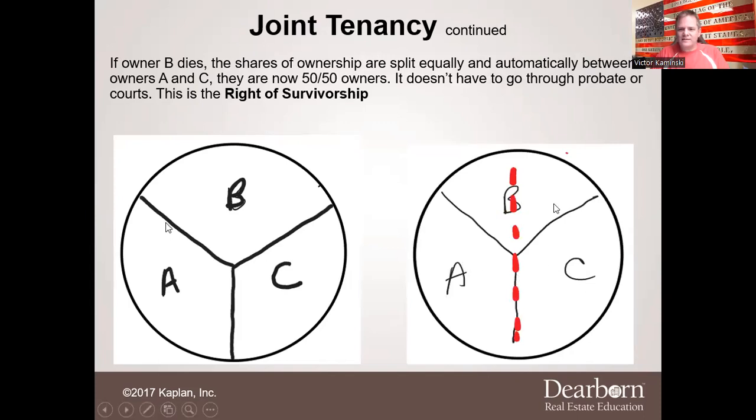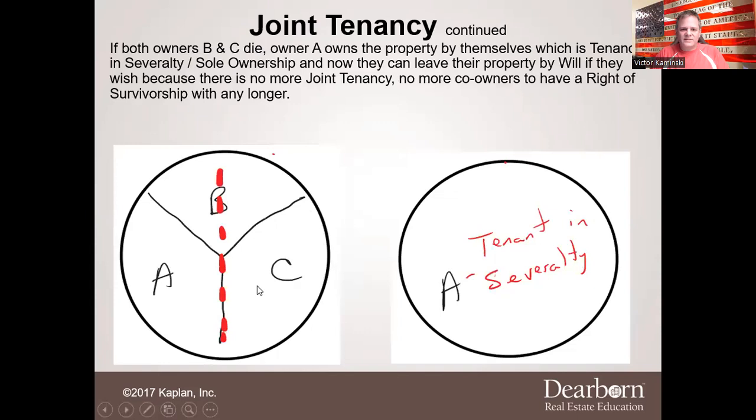Owners A and C split owner B's interest equally right down the middle. Now A and C are left, owner C dies, it only leaves owner A. And what do you call it when there's only one owner? Tenant in severalty. Your interests are severed from all others.